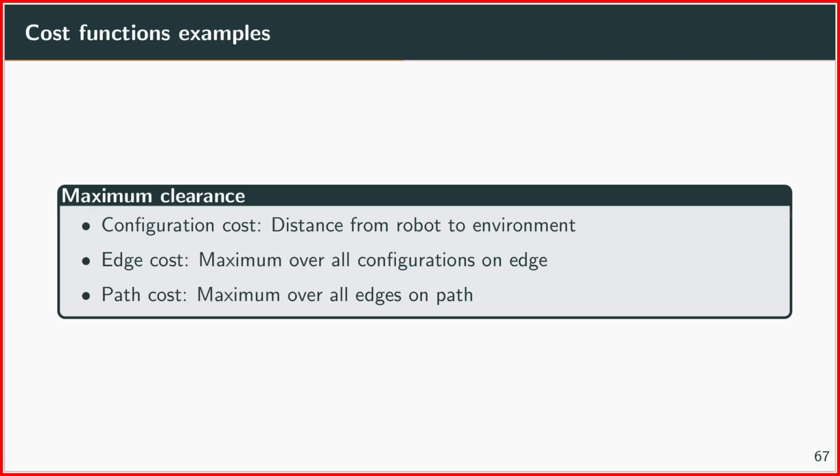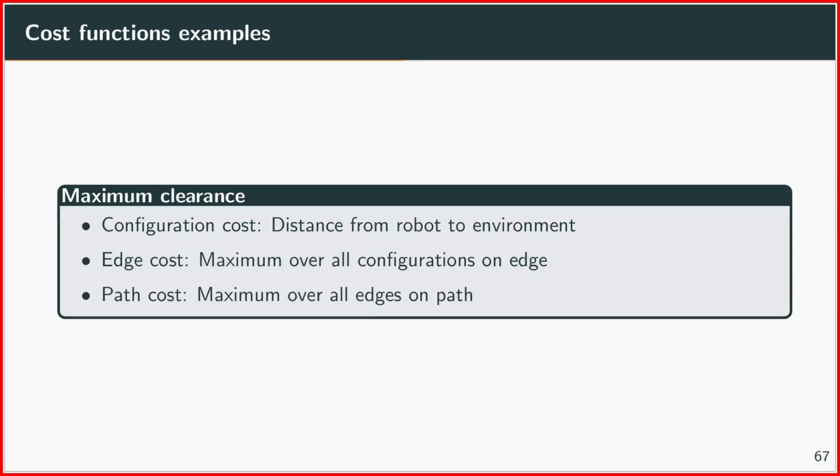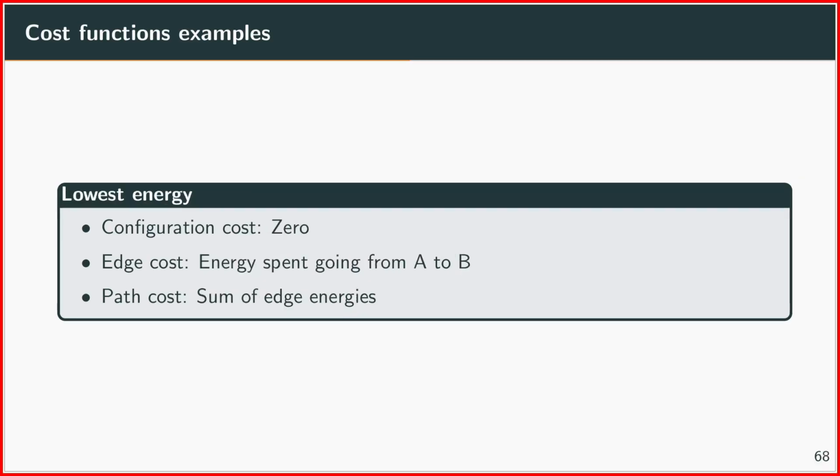And in that case, the definition of a cost would be that, for example, for the configuration, you define it as a distance from your robot to your environment. The edge cost in this case might be the maximum over all configurations on your edge. And then again, a path cost might be the maximum over all edges on your path. And I will show you an example shortly of that one.